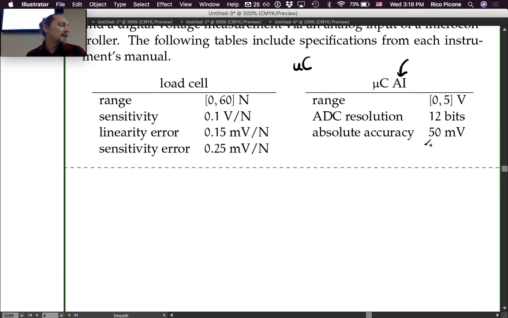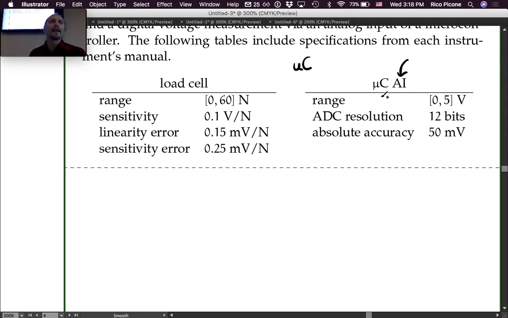We could estimate the entire design stage uncertainty in one RSS value. But instead, what we're going to do is the root sum square estimate of the design stage uncertainty of the load cell, and then do it separately for the microcontroller, and then combine them together.